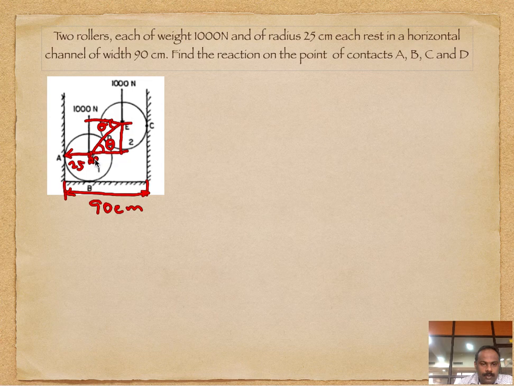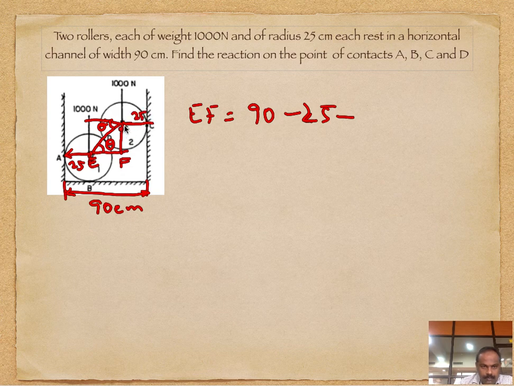A, B, C, D is there, then this is E and F. So if we need to find EF, EF is equal to 90 minus the radius of this ball, that is 25, minus 25, since this distance is again 25 from here to here. So which is 40 centimeter. So EF is equal to 40 centimeter.